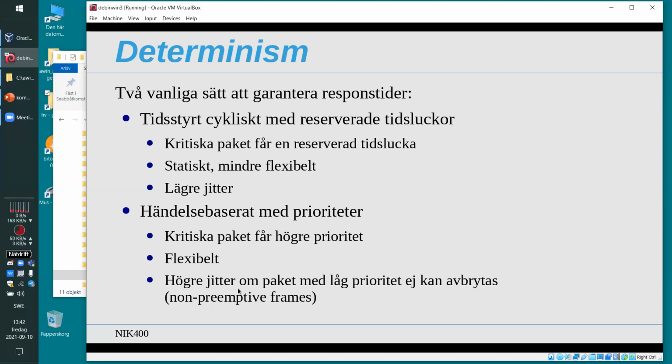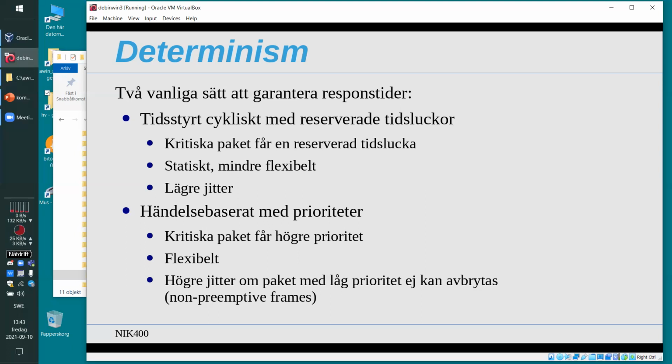And that's because even if you have a high priority, it might be the case that the network is busy sending a low priority packet, and they very often cannot be interrupted. You typically send large packets all the time to get efficient traffic.